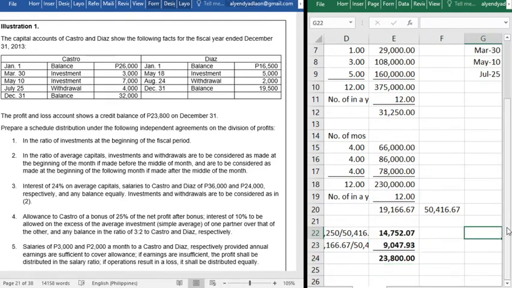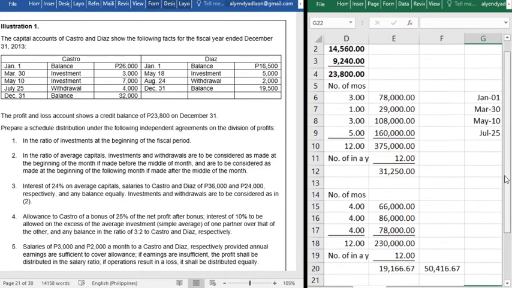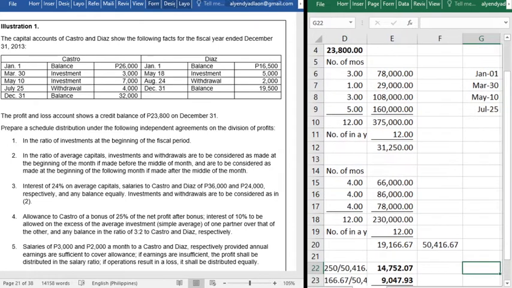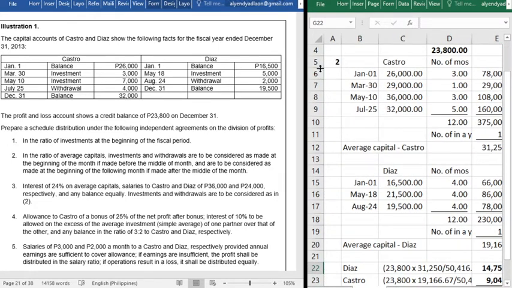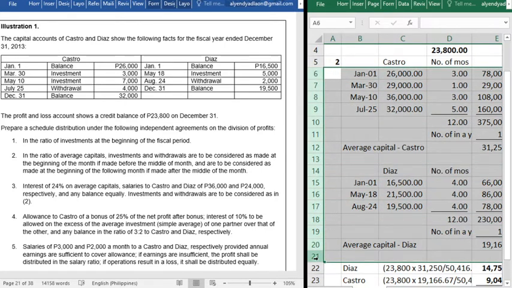Now let us check, class, whether there is a difference from the first method. Okay, let us compare, class.